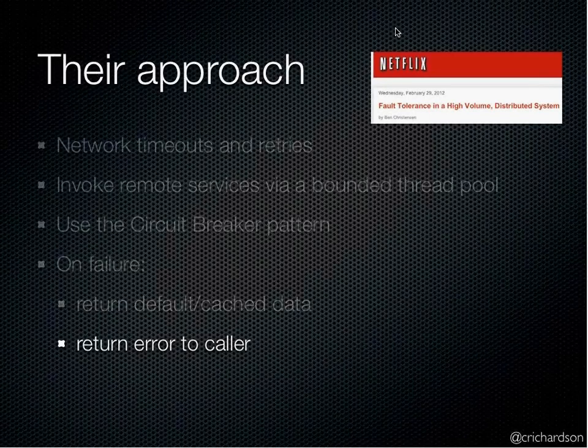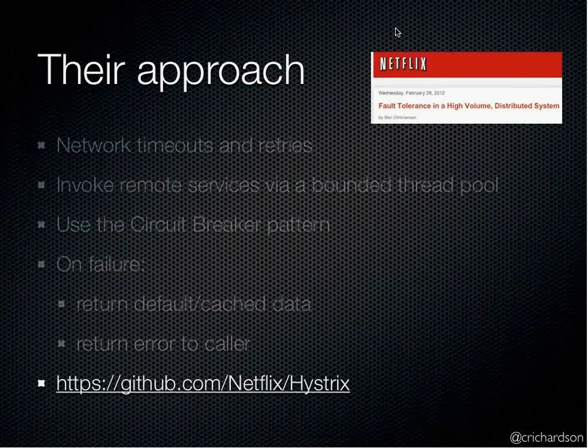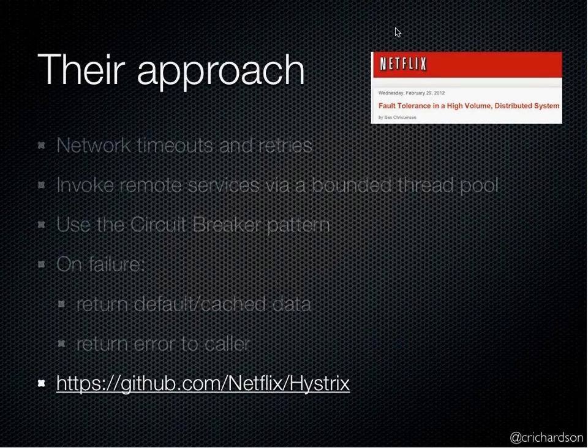Or maybe there's nothing you can do and you return all the way back to the client, and then the client can decide whether to display a message saying, sorry, we can't play this movie, or maybe the client will just repeat the request, get load balanced to an entirely different set of servers, and the request will be completed successfully. So you've got various different strategies on how to recover from error. And they've got a library, Hystrix, on GitHub that implements many of these features like the circuit breaker pattern.